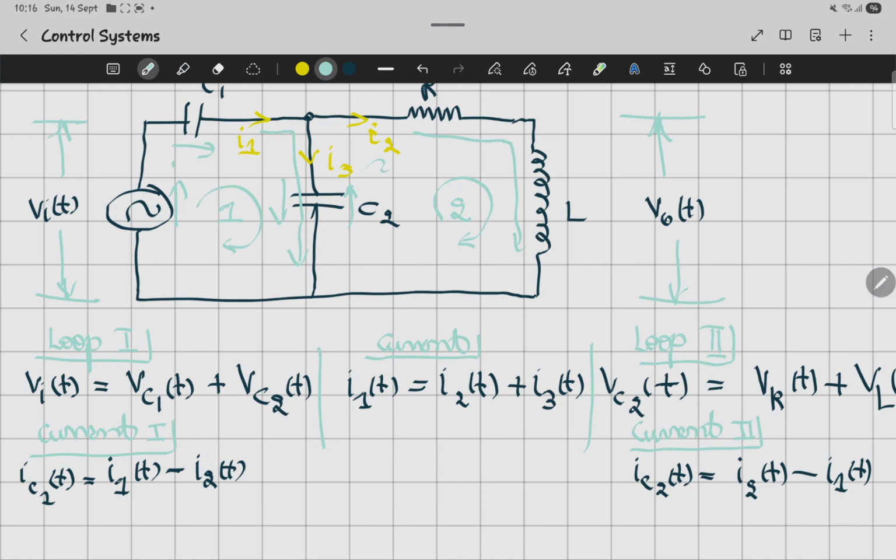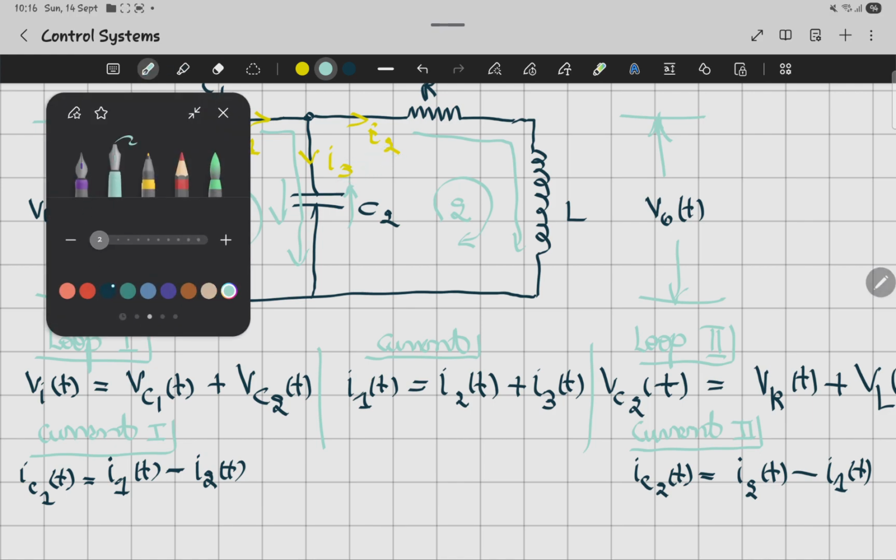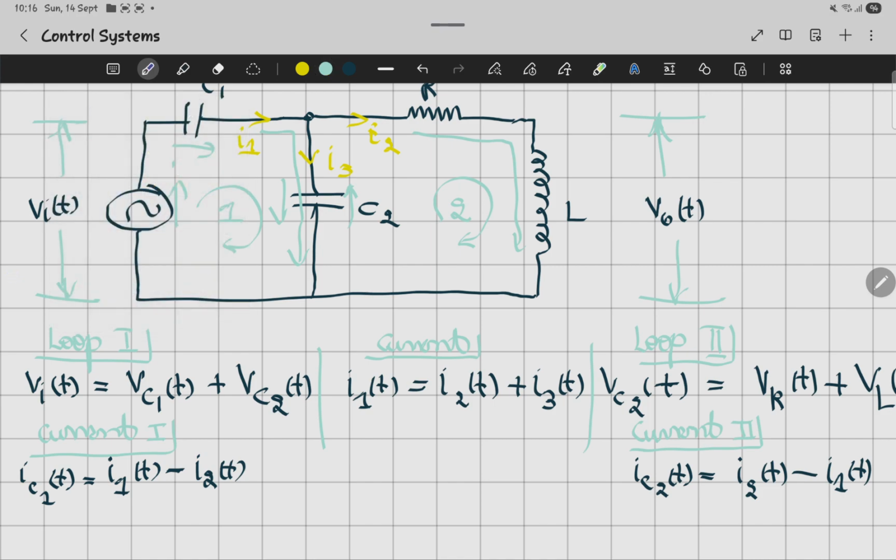So for loop 1 we get something: the current across IC1 is going to be this one minus the one coming out from the second loop. The same goes for IC2, it's going to be the current that is inside the loop minus the current that is coming out.